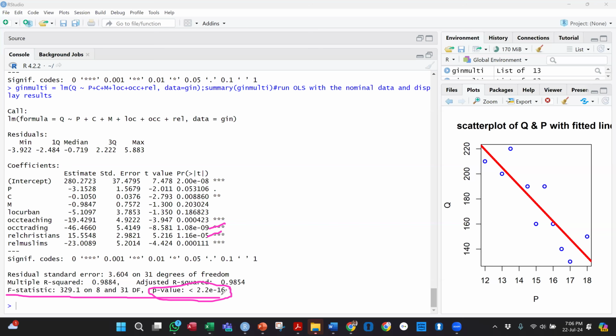When you look at this down here for the F statistic, what does it mean? It means that the p-value is equal to what? In simple terms, it's equal to 0. That's what it means. The p-value equals 0.